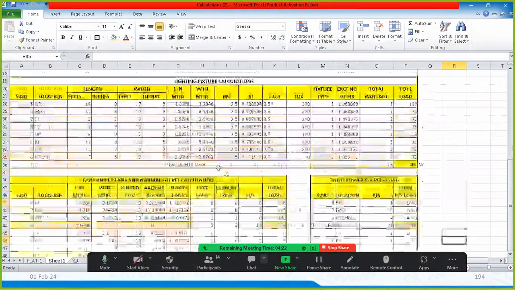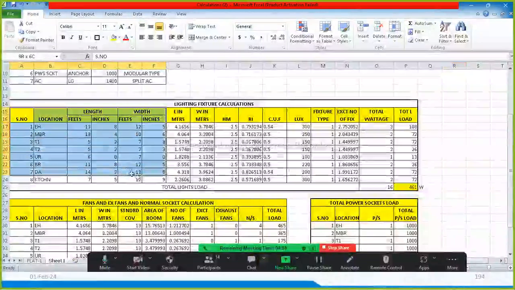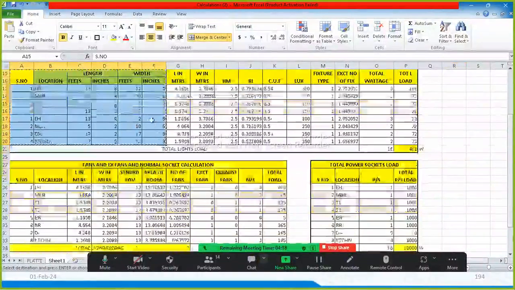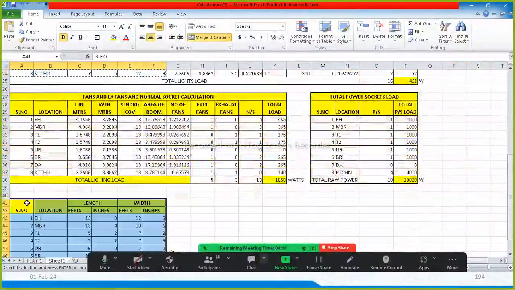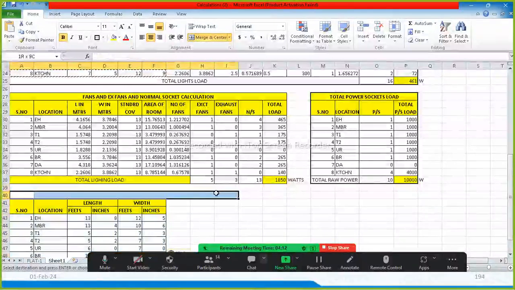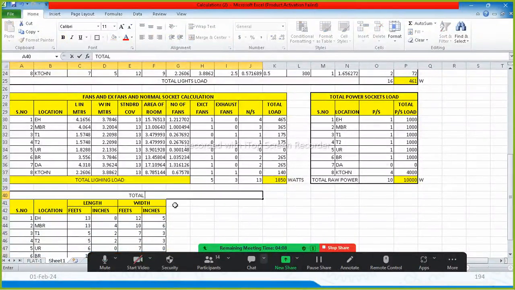Next is AC. When it comes to AC, we require the values in terms of feet and inches. So I will take this one. Then next is the total AC load calculations.